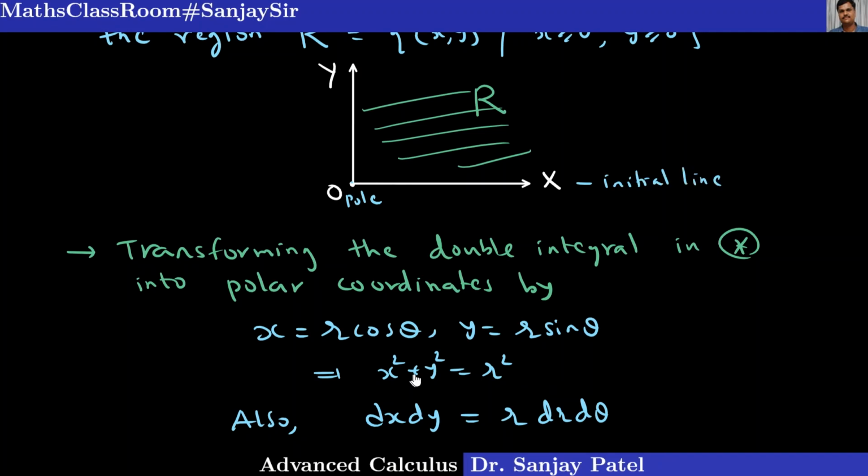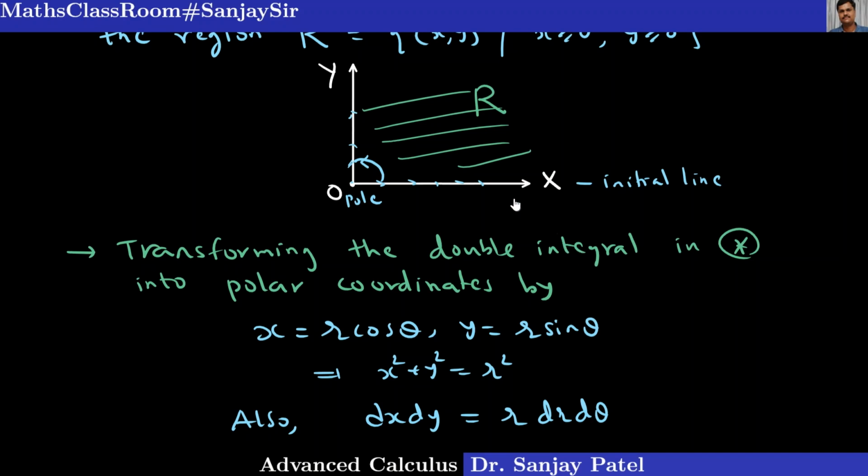So we take the same origin as pole and this as initial line in the polar coordinate system. So in this case, when x varies from 0 to infinity and y also varies from 0 to infinity, how do r and theta change? Theta changes from this point to this point. So it is obvious that theta changes from 0 to pi by 2. Let me use some other color so that it is visible.